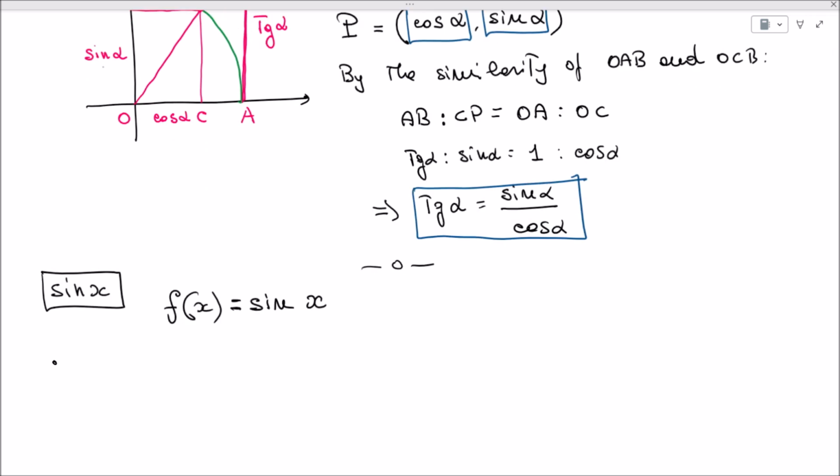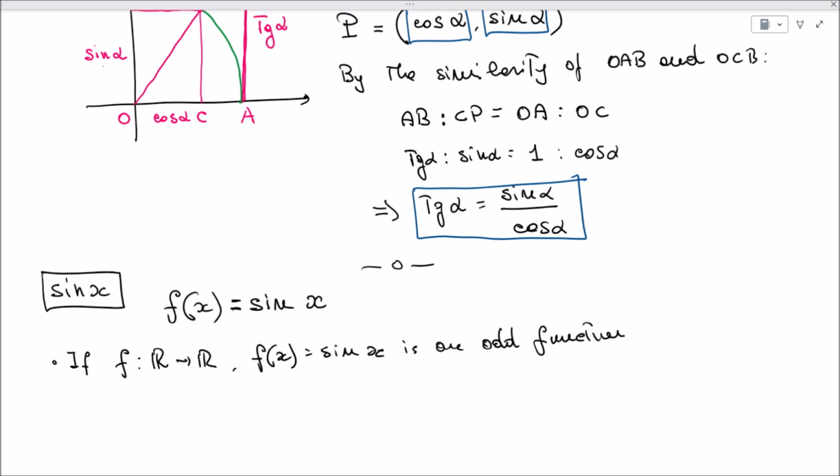If we consider f from R to R, so this is to say, if we consider any possible real angle x, what we get is that f of x equal sine of x is an odd function with minimal period equal to 2 pi.